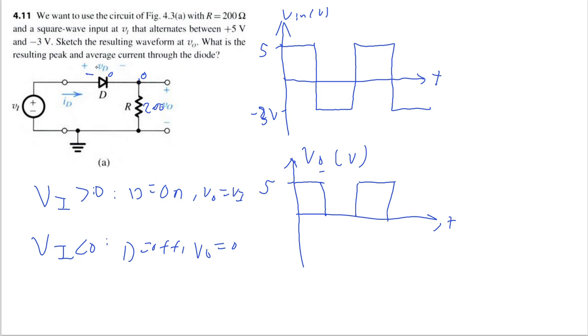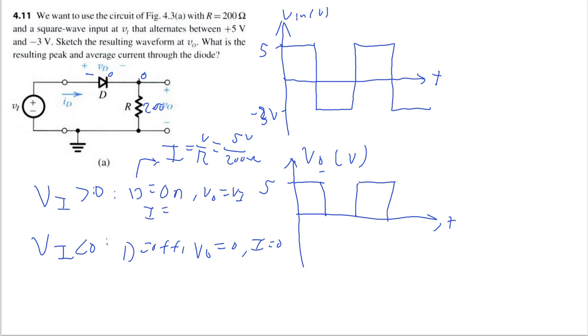Now, what is the resulting peak and average current through the diode? Okay. Well, as we know, when a diode is off and it's reverse biased, there's no current going through the diode. I equals 0. When the diode is on, we will get current. I equals V over R, which is equal to 5 volts divided by 200 ohms.